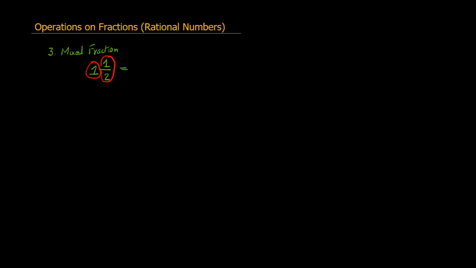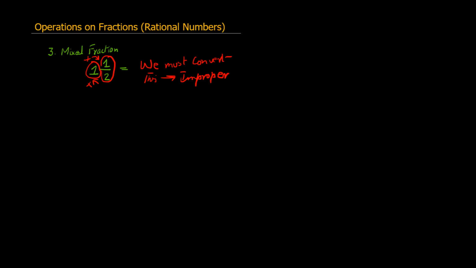In order to do any of the operation of this type of fraction, we must first convert this to an improper fraction. So how do we do that? Very simple. We have to multiply the denominator with this number and we add the numerator and we get the new numerator.